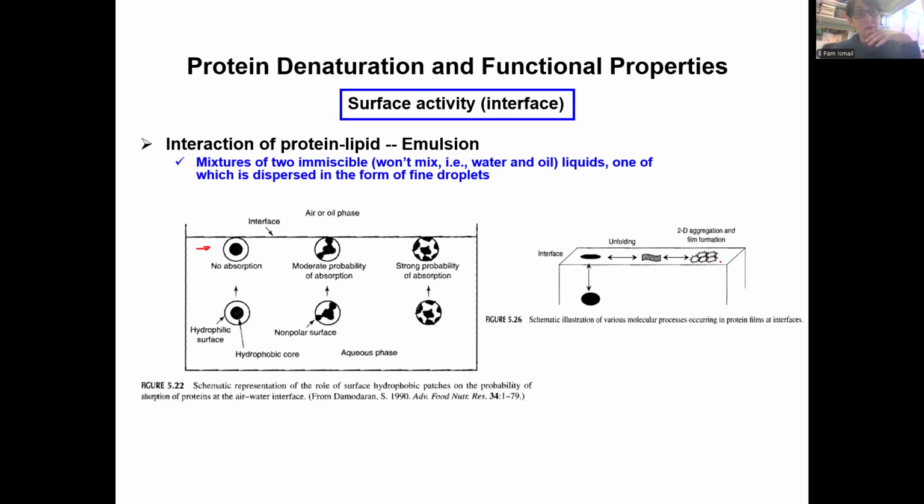That thin film starts to form around the bubble or around the oil droplet or water droplet that we formed with homogenization or mixing. So these are the steps: going to the interface, absorbing at the interface, unfolding and reorientating its different components, and then forming protein-protein interaction, that film around the bubble or the droplet.